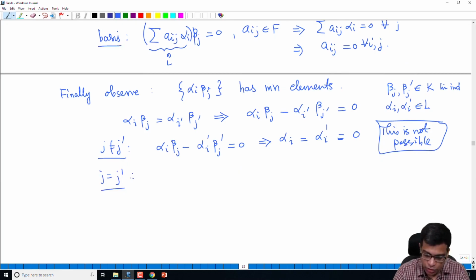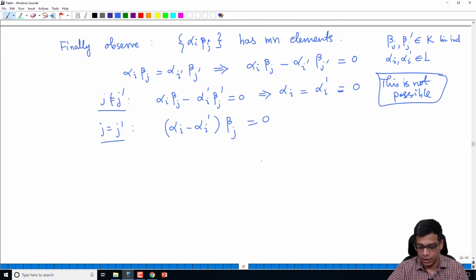If j is equal to j', what we have is alpha_i minus alpha_i' times beta_j equals 0. But beta j, remember, is a linearly independent vector. That means it's non-zero.